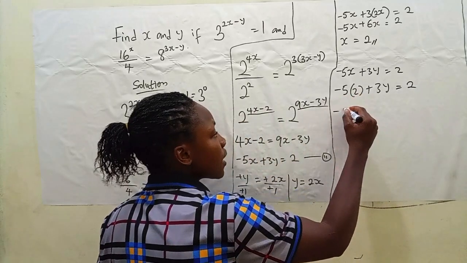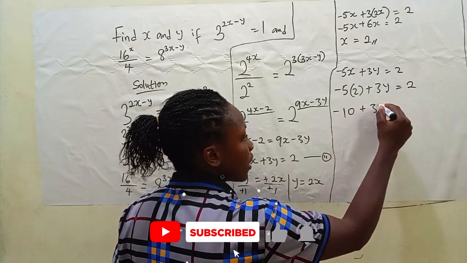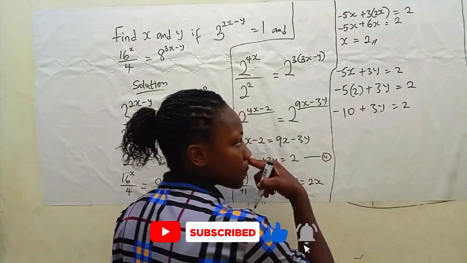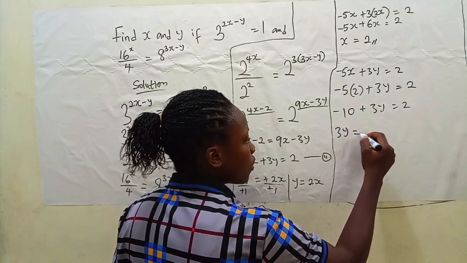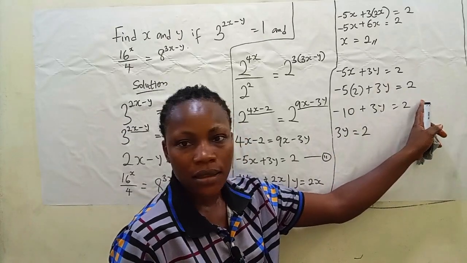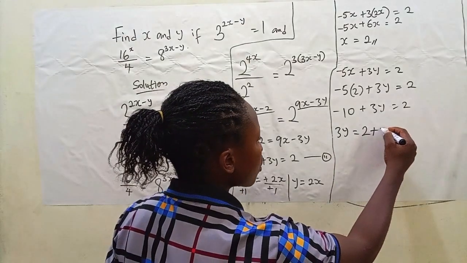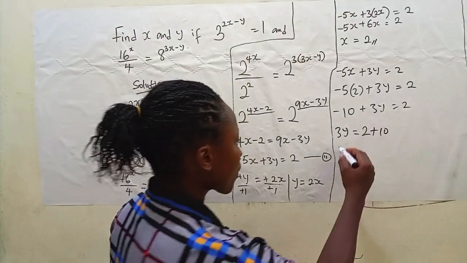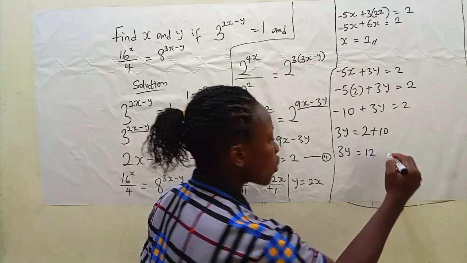This times this is 10, is minus 10 plus 3y equals to 2. All right, so we're going to have 3y equals to 2. This 10 will go and meet this 2 here. All right, so we're going to have plus 10. All right, here 3y equals to this plus this is 12.